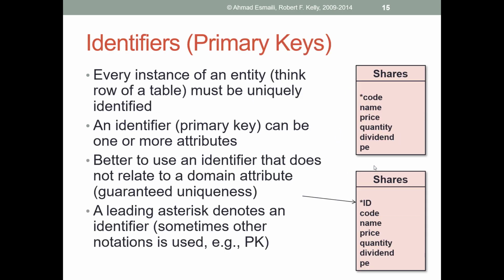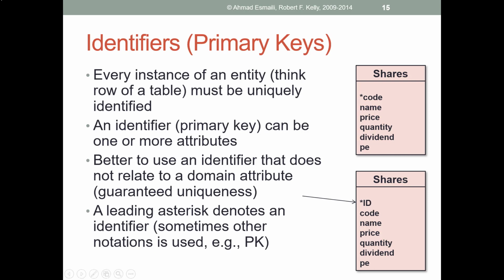Now we are moving to a very important attribute, or set of attributes, called identifiers or primary keys. This is a very important concept. Let me read these points, because I don't want to cross my boundaries, so I will try my best to remain in the scope of ISC 305.